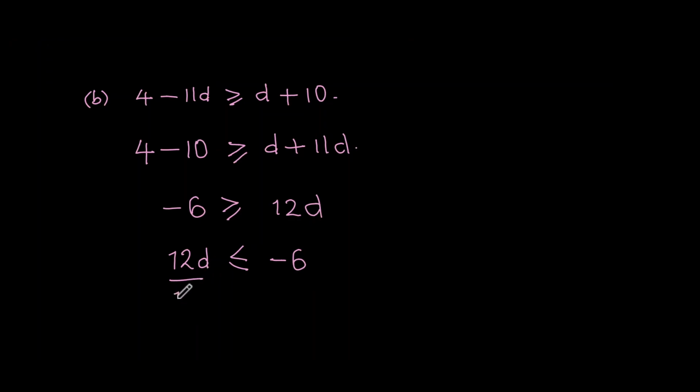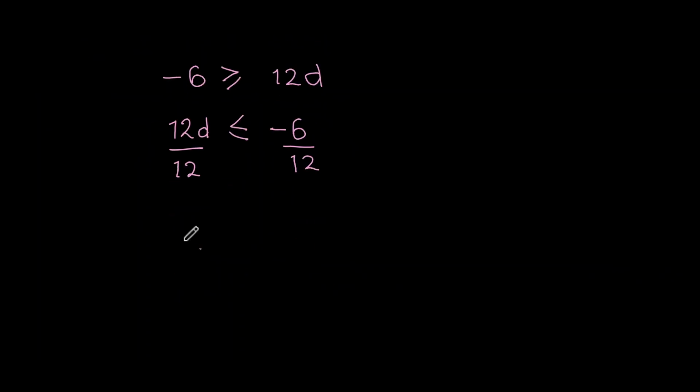So since we're looking for d, then we need to divide both sides by 12, and dividing 12 by 12, we get 1 times d is d should be less than or equals to negative 1/2. Or you can write in decimal saying d is less than or equals to negative 0.5.